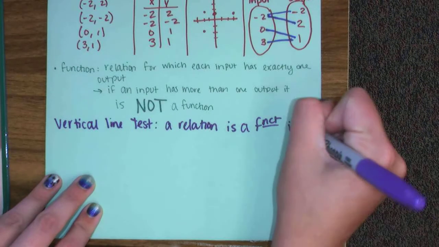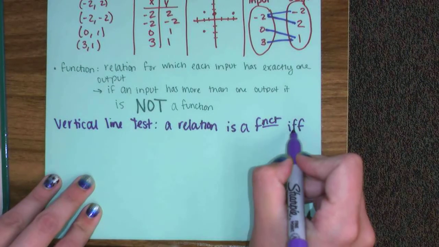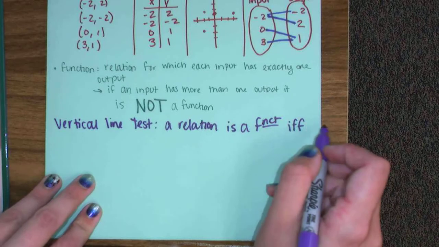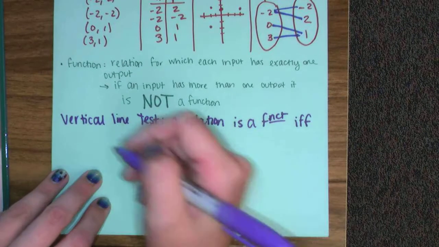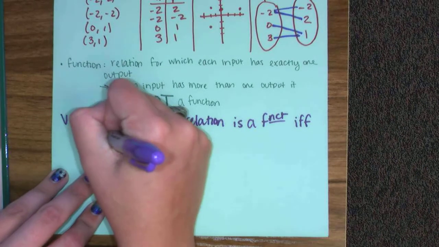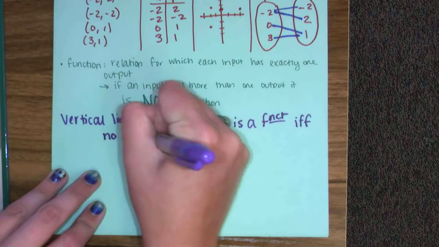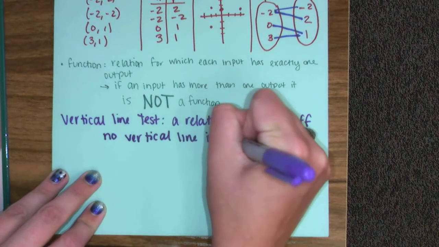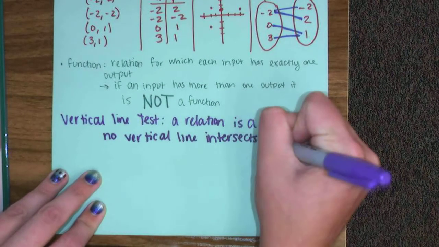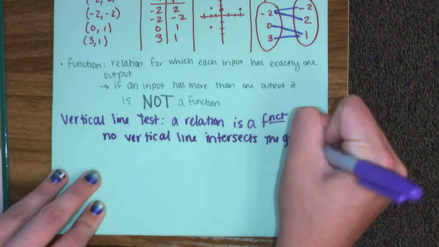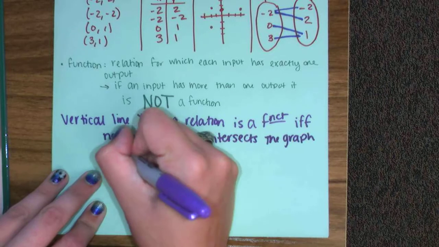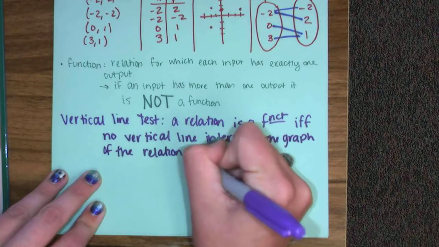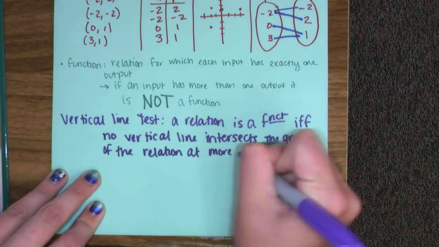If and only if, okay, you should remember if and only if statements from geometry, but if and only if is what IFF means. I didn't just spell if wrong. So if and only if no vertical line intersects the graph of the relation at more than one point.